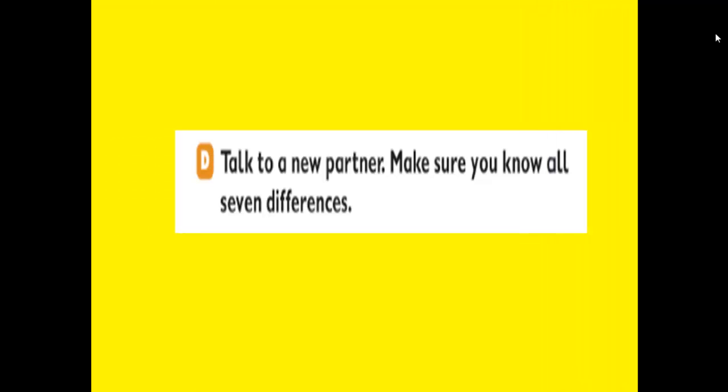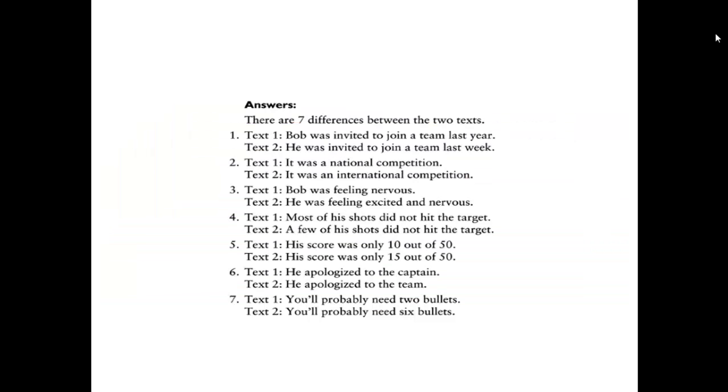Now talk to a new partner and make sure you know all 7 differences. Here you can see, my students, the 7 differences between the first and the second text. Text number 1. Bob was invited to join a team last year, whereas in the second text, he was invited to join a team last week.